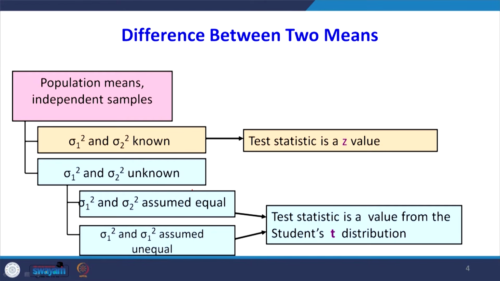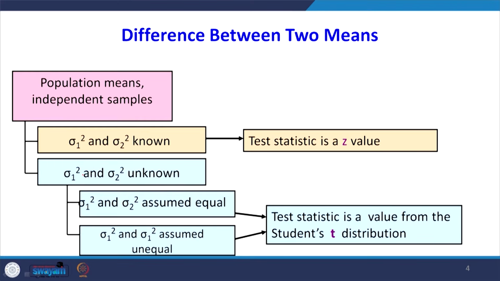First, we will start with the difference between two means. For population means with independent samples, there are two possibilities. One is that sigma 1 square and sigma 2 square are known. Sigma 1 square is the variance of population 1, sigma 2 square is the variance of population 2. The other category is that the variances are unknown.